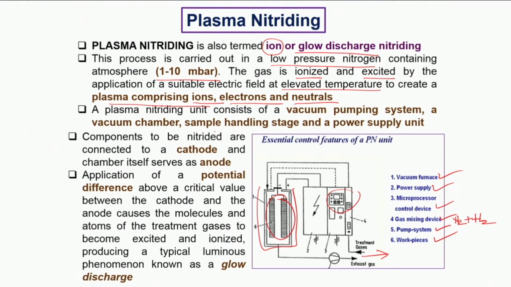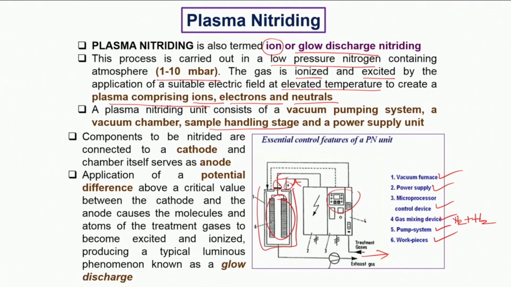At times, the sample also needs to be rotated or moved, so we need a sample handling stage as well. The important part is that we have two electrodes to be able to create the plasma in the form of DC glow discharge. So we have the cathode and we have the anode.